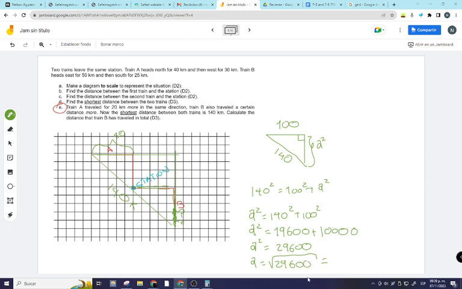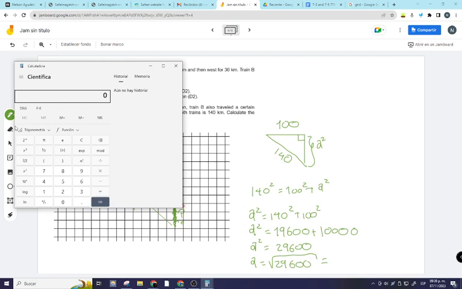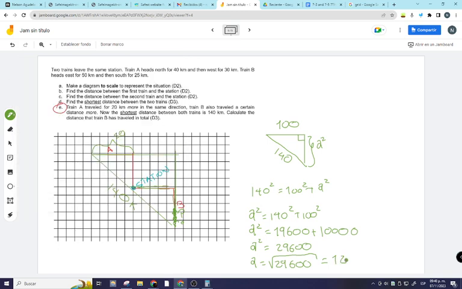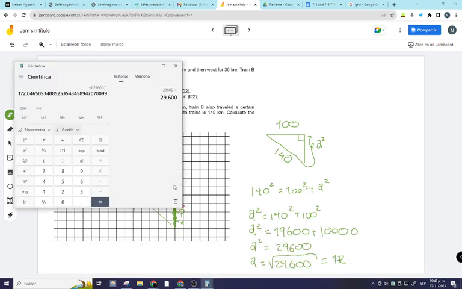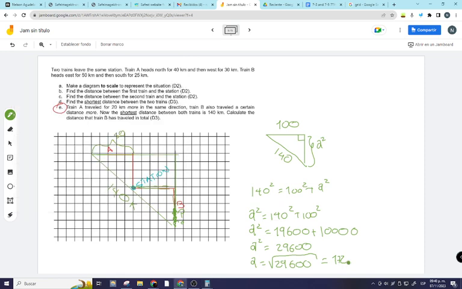So let's find that with the calculator. Excuse me. Now square root. Approximately 98.0, so 98 kilometers.